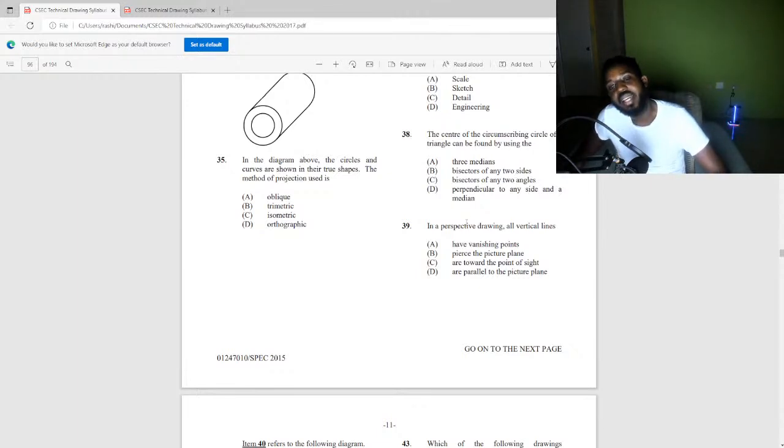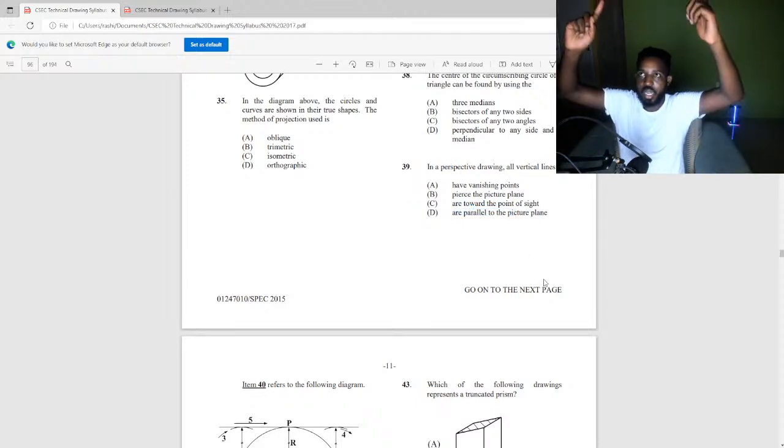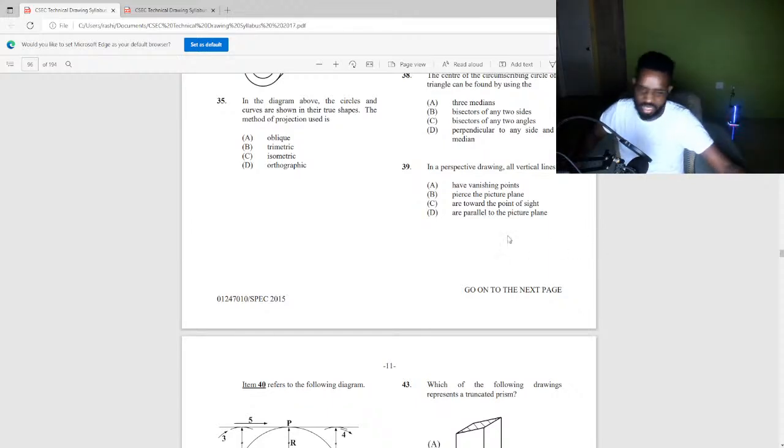Number 39 says, in a perspective drawing, all vertical lines, A, have vanishing points, B, pierce the picture plane, C, are towards the point of sight, D, are parallel to the picture plane. In perspective drawing, all vertical lines are parallel to the picture plane.